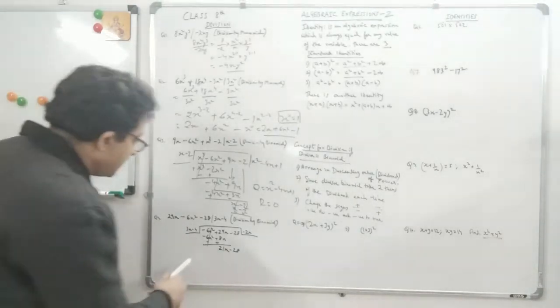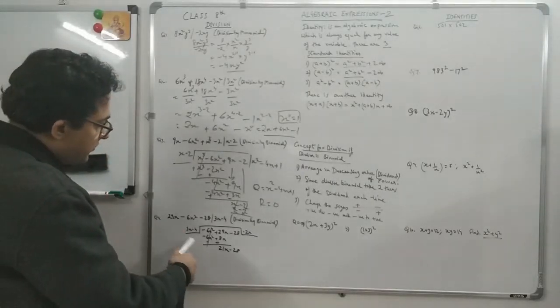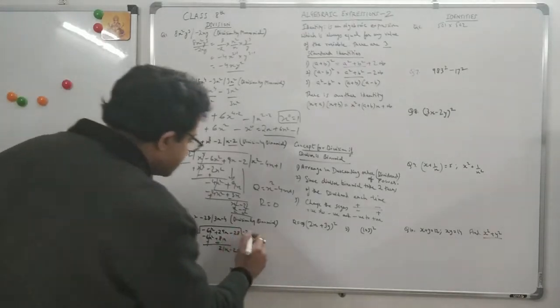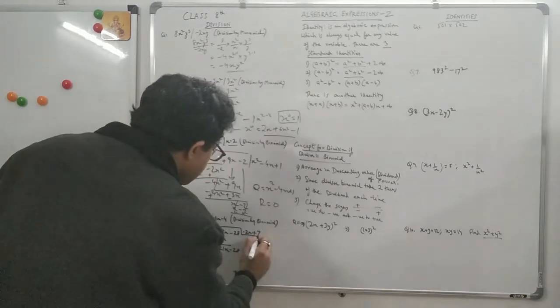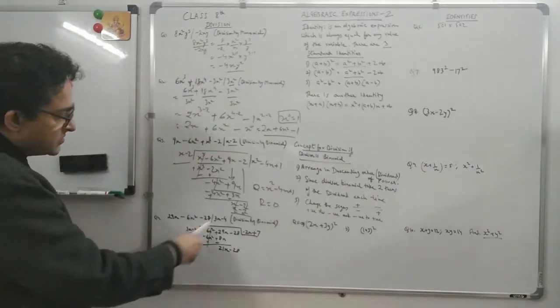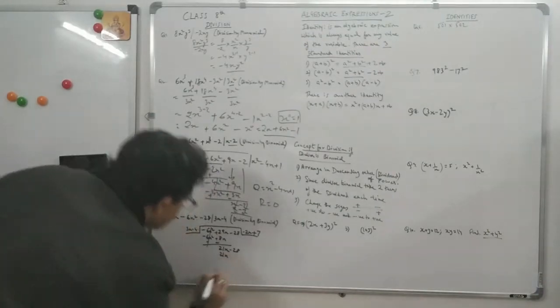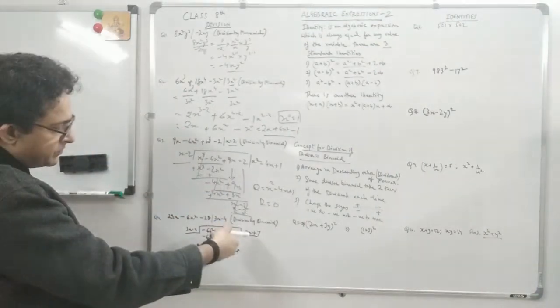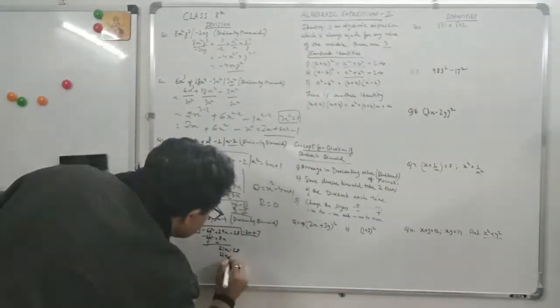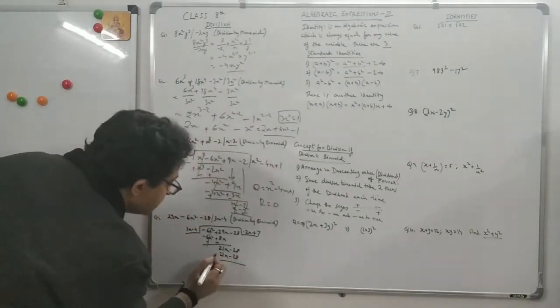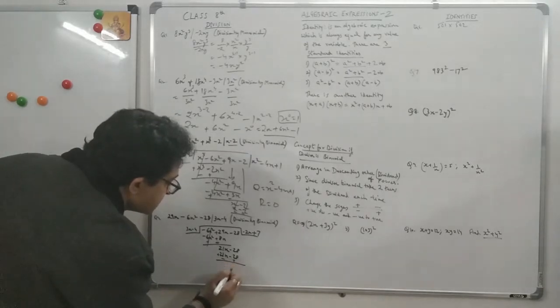Now, so again, 3x into what is 21x? So this is plus 7. 3x into 7 is 21x. Again, minus 4 into 7 is minus 28. So this was plus, so this becomes minus, this is minus, this becomes plus.